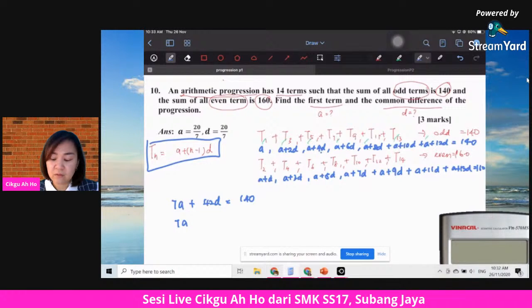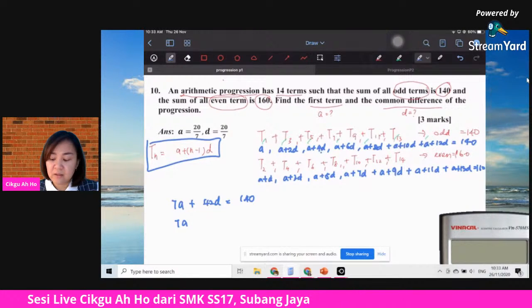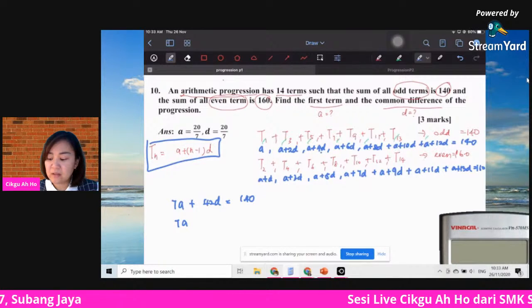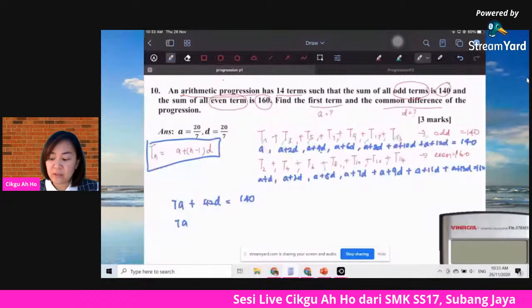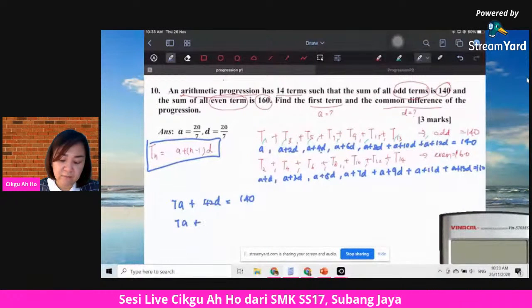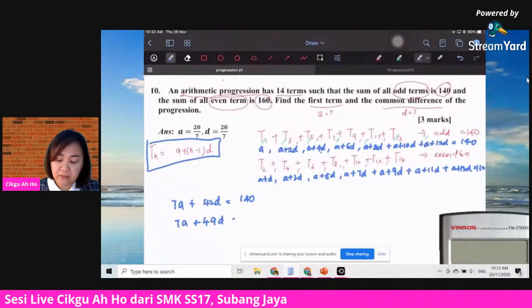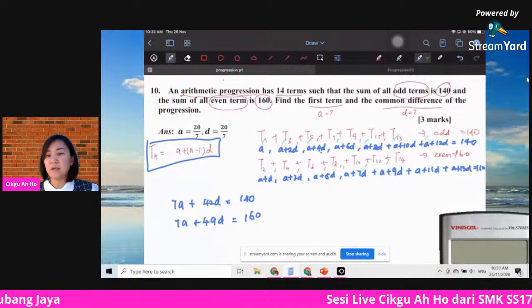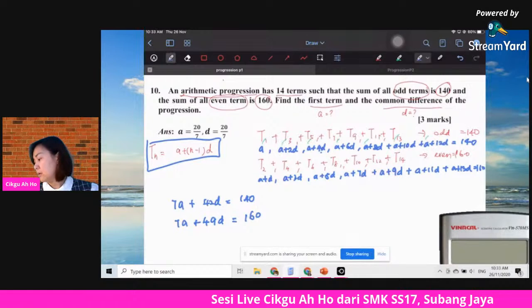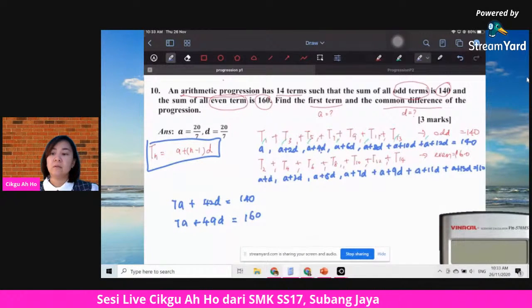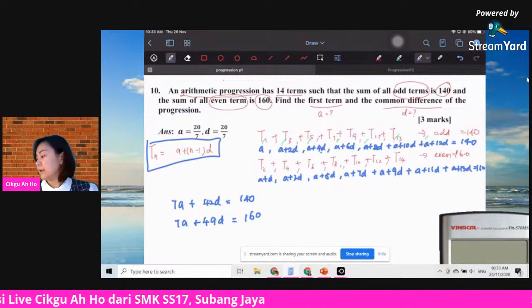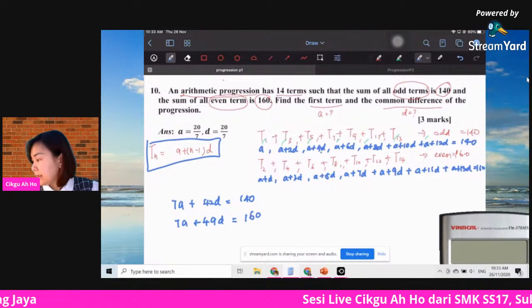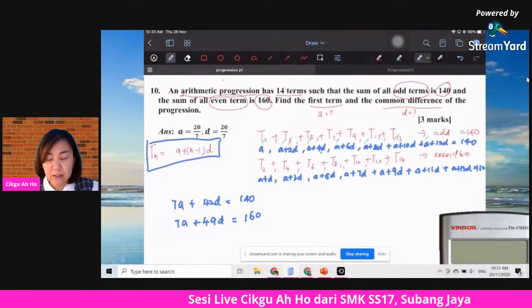So 9, 16, 25, 36, 49. Then plus 49D equals 160. Check whether it is correct. I did this on the spot, so I will check with my answer. The number of D should be 42 and 49.